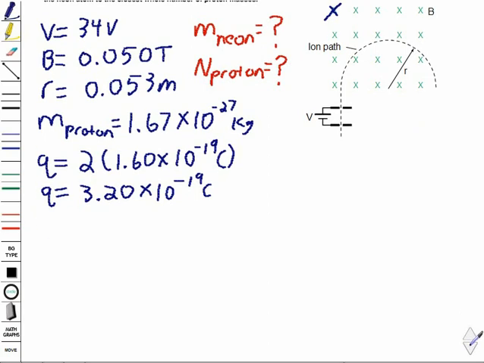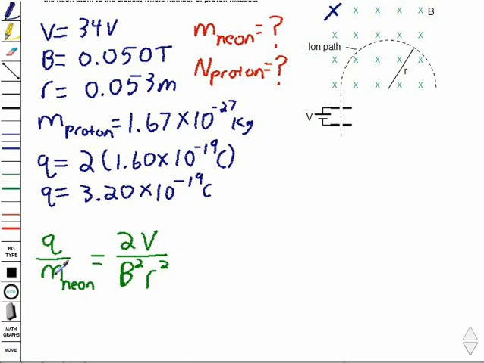Alright, let's find the mass of neon. Early in the chapter, you find this equation: charge divided by the mass of the atom, which in this case, since we're talking about an ion, is the mass of the ion. So Q divided by M equals twice the voltage divided by the magnetic field squared times the radius of the curved path squared.